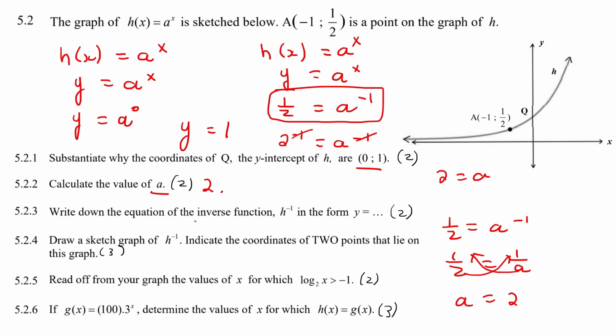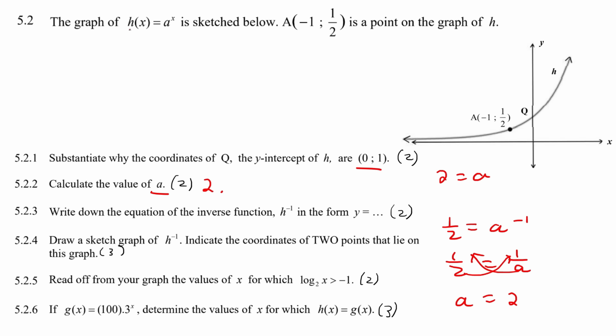Now it says write down the equation of the inverse of that equation. So the original equation is h of x equals a to the x, which is 2 to the power of x. So with inverse, we're just going to do that. First step, switch x and y around. Okay, now you got to get y alone. So this is where you would use logs.